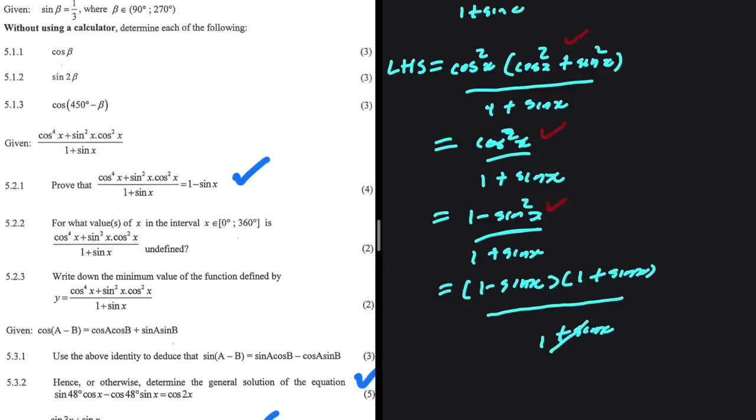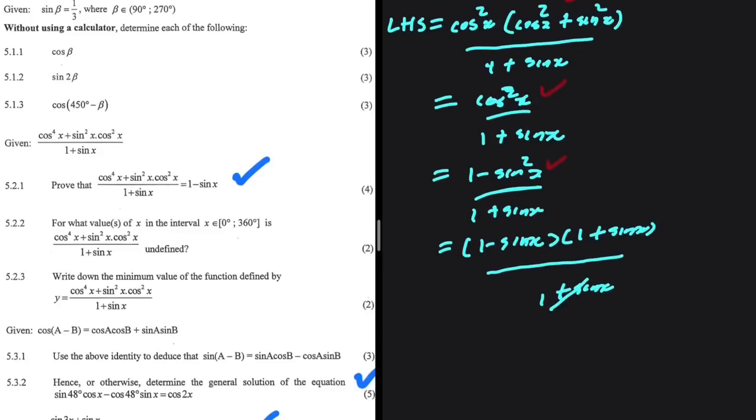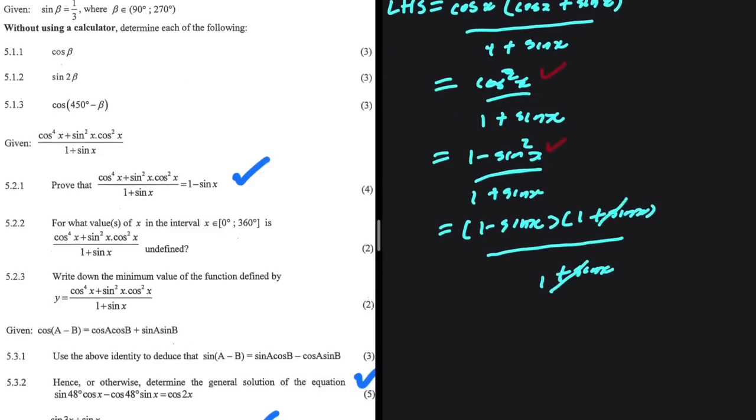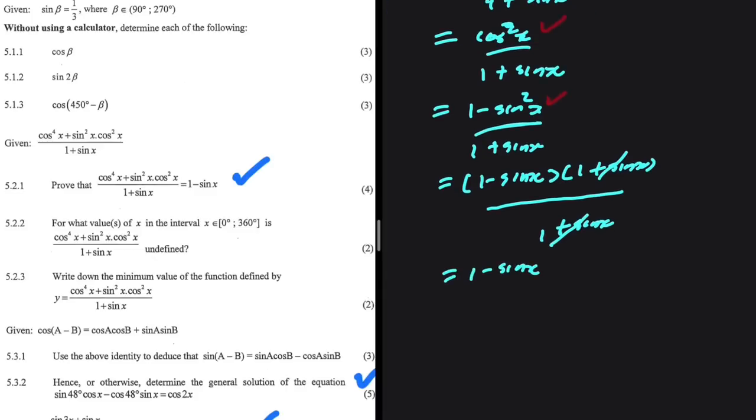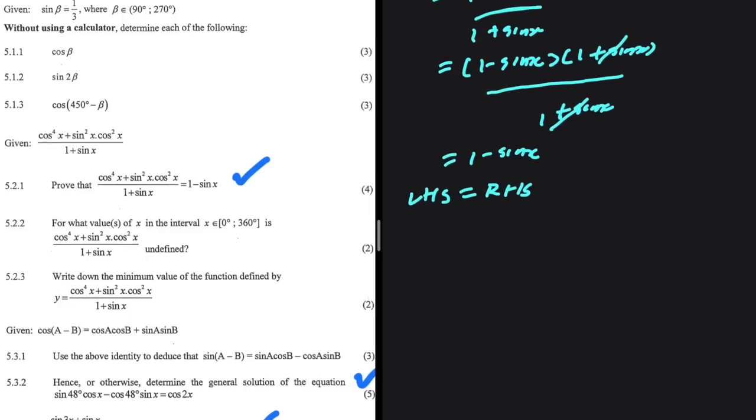So 1 plus sine of x in the denominator will cancel out with 1 plus sine of x in the numerator. We are only left with 1 minus sine of x. So as you can clearly see, the left-hand side is equal to the right-hand side. They are both equal to 1 minus sine of x. That is 5.2.1.